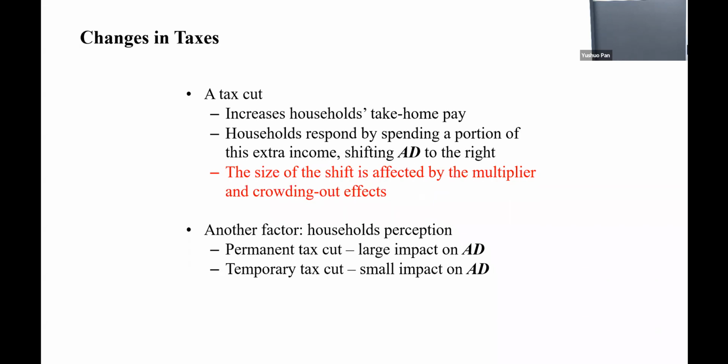But for a temporary tax cut, like during the pandemic or some special event, we know that the tax cut is not forever, which means only during this period I may increase my demand, but I still need to save some amount because in the future there is no more tax cut. So a temporary tax cut will only have a small impact.